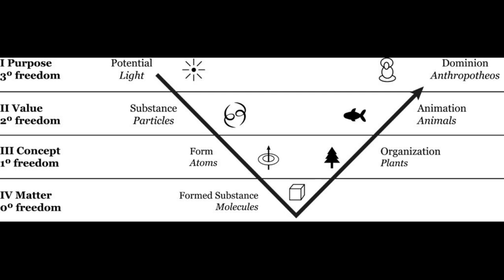So there's a couple of points that he also makes. At first glance it looks like you could divide his V shape itself into a bilateral symmetry, except that the left half has to do with physics, and the right half has to do with biology.